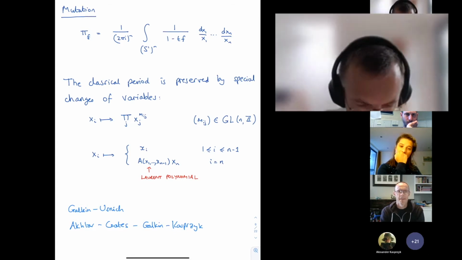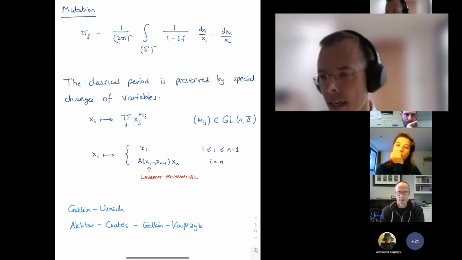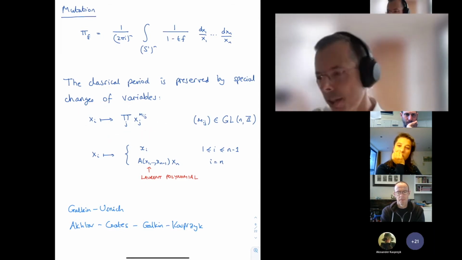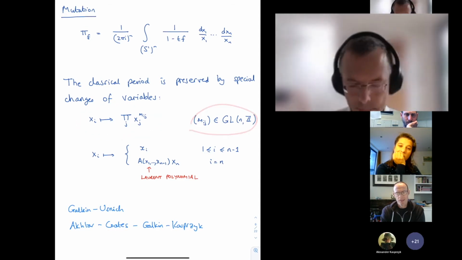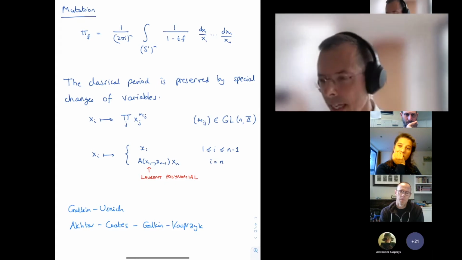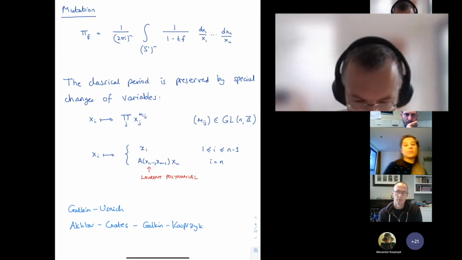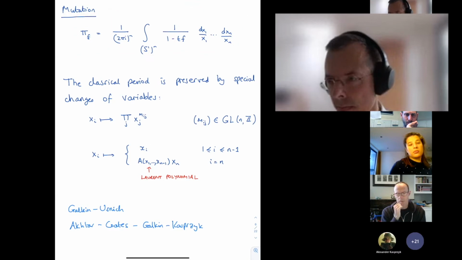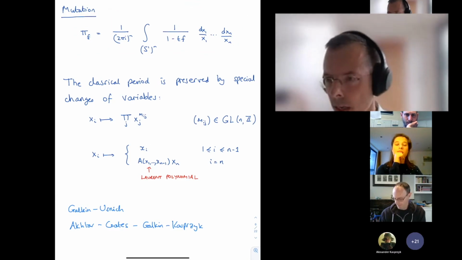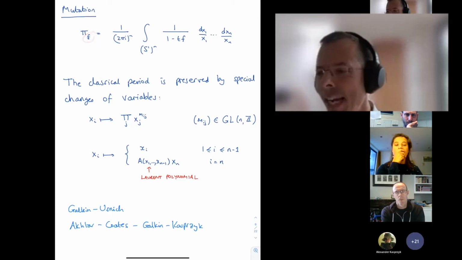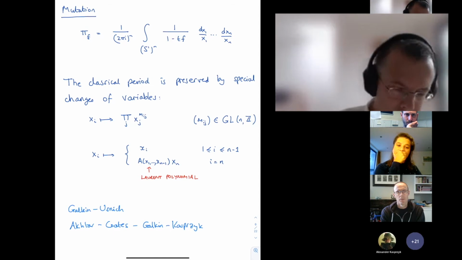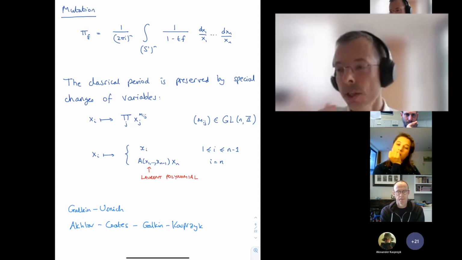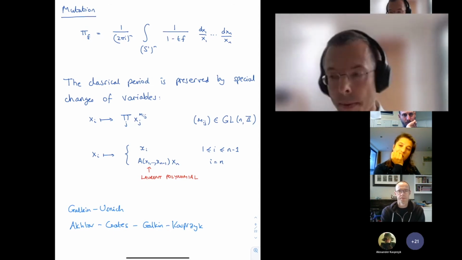So, for example, if you just make a monomial change of variables, x1 is replaced by x1 to some power, x2 to some power, and so on, and if you choose those powers so that the resulting matrix is in GL_n(Z), so that's a monomial change of variables, then this integral is not going to change by the change of variable formula. But f, the Laurent polynomial, is going to change. So a Fano variety is not mirror to a unique Laurent polynomial. If it has one mirror, it has infinitely many.